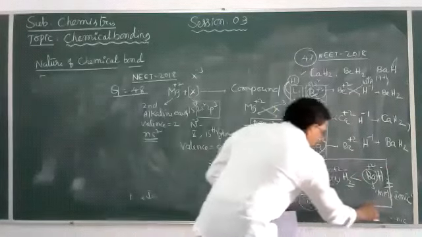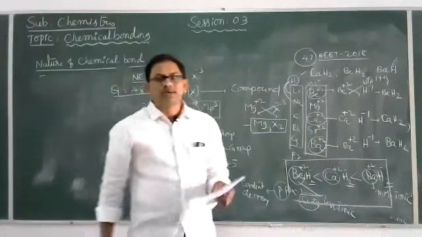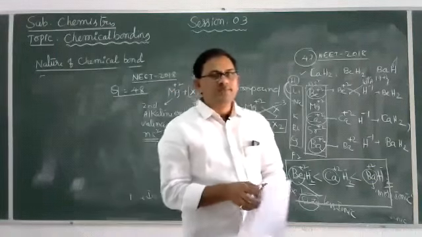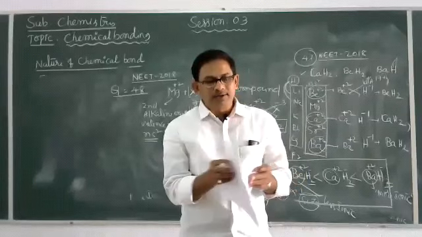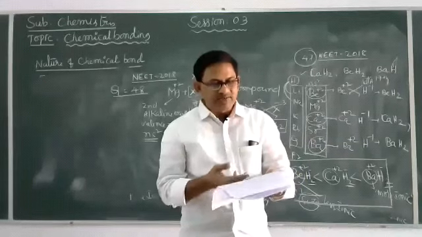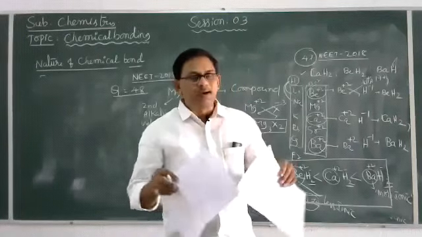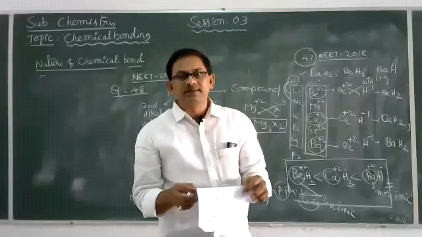This is the correct order of ionic character of these three compounds. That's why the answer is A. From ionic and covalent character, questions were given in 2019 and 2018, and maybe next year we can also expect one question.